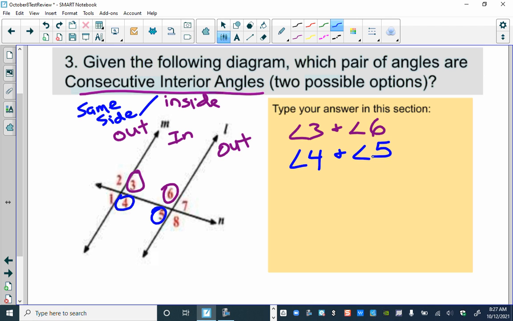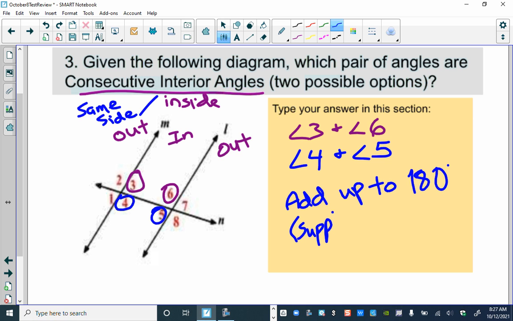Add up to 180, yeah. In other words, add up to 180, which means it's supplementary. It's very important going forward. Add up to 180, supplementary.